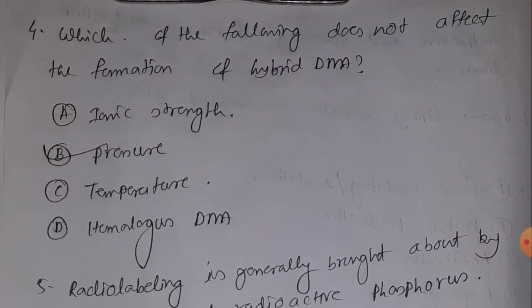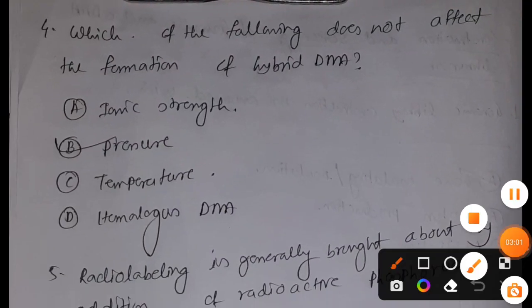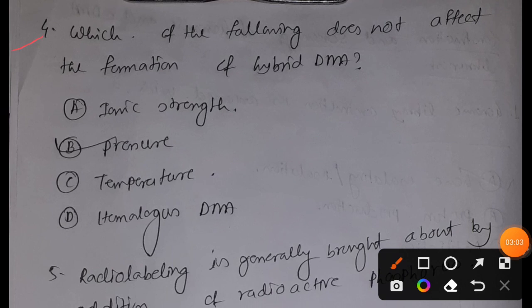So now the fourth question is, which of the following does not affect the formation of the hybrid DNA? We know that ionic strength and temperature are very important, just like for the working of DNA polymerase, right? Because it is an enzyme. But homologous DNA, what does homologous DNA mean? Same DNA, right?